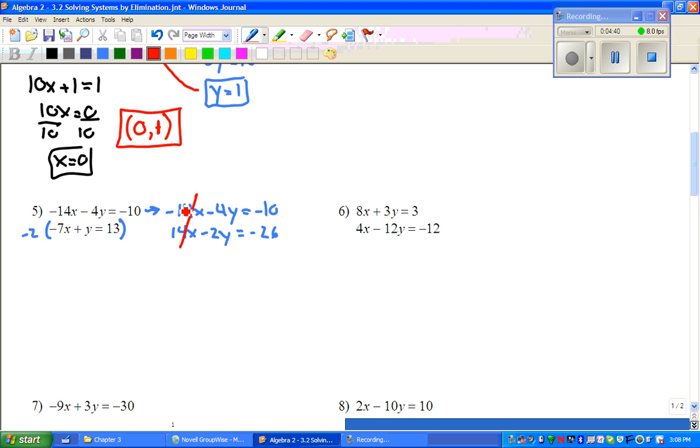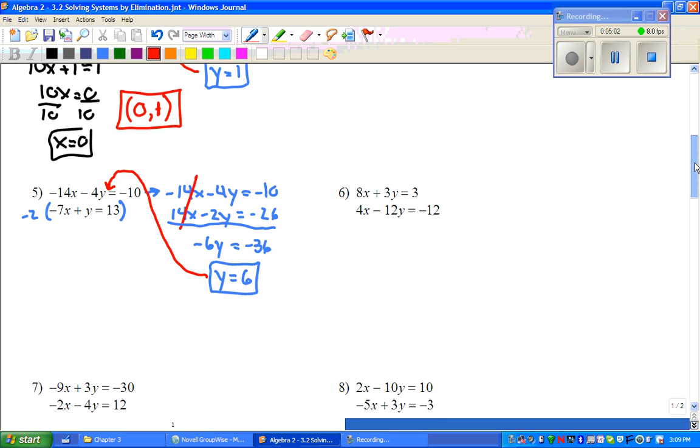My x's cancel out. My y's become negative 6y, and I get negative 36 over here. So my y is equal to 6. And then I would substitute back in to one of my original equations here. Okay? And that would let me solve for x then.